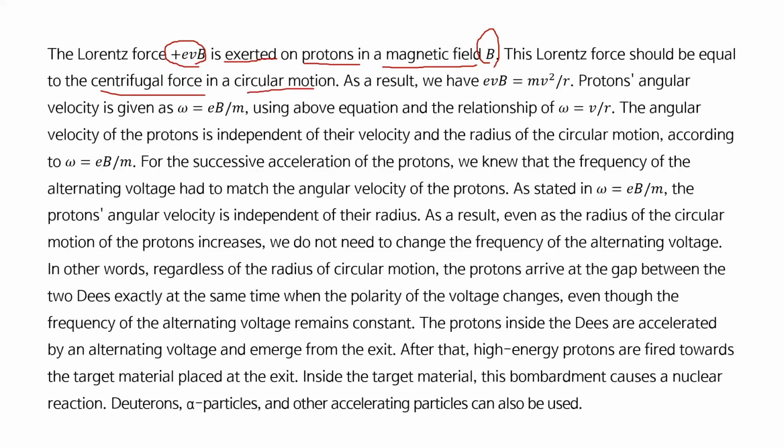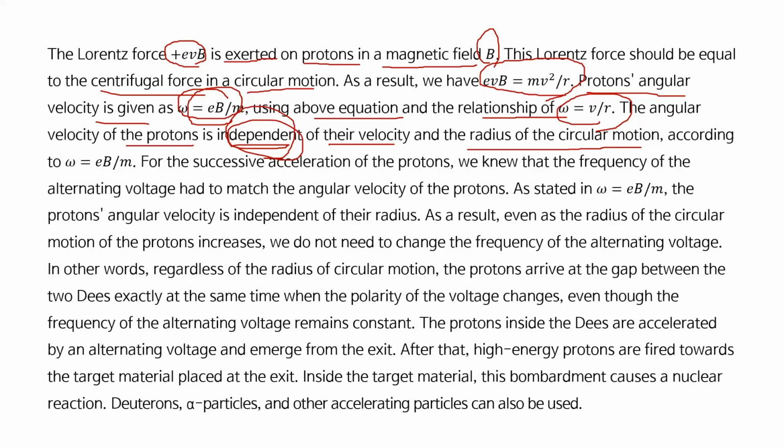As a result, we have this relationship, and the proton's angular velocity is given as this expression using the above equation and the relation omega equals velocity divided by radius. The angular velocity of the protons is independent of their velocity and the radius of the circular motion according to this equation.